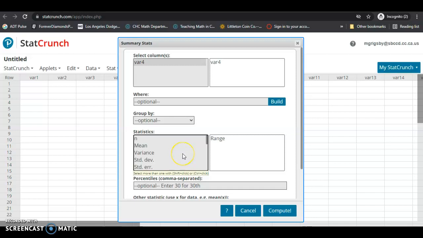Since we're selecting multiple statistics, as you select each one, make sure you hold down the Control button or the Command button on your keyboard. So I'll select the mean, variance, standard deviation, and the range, and click Compute.